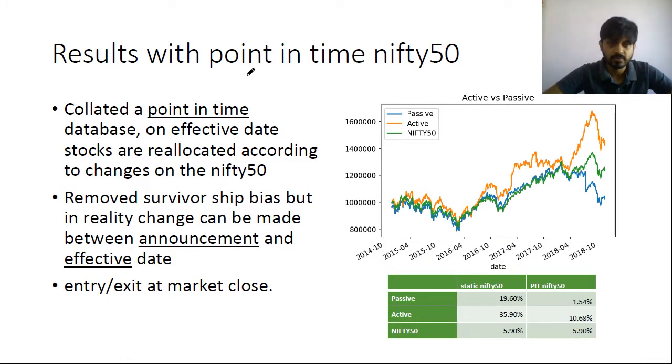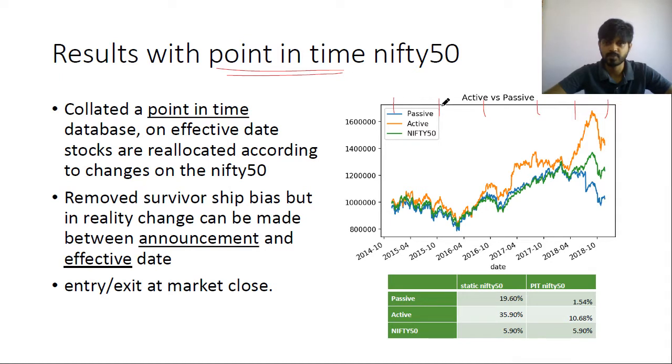So now we'll come to using a point in time Nifty. We had a survivorship bias before, so we're going to remove this bias now. What I did is I collated all the changes in the index during these 4 years, and imagine the red lines to be the points of time where there was a change.